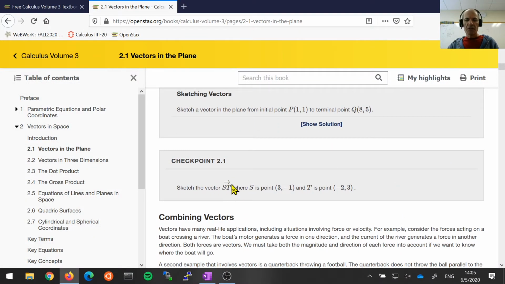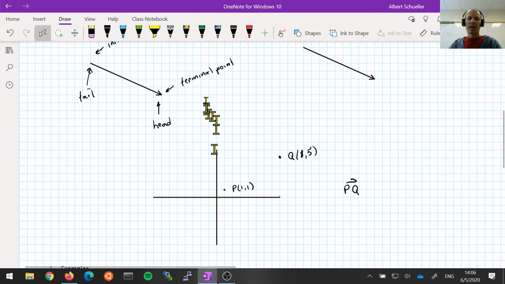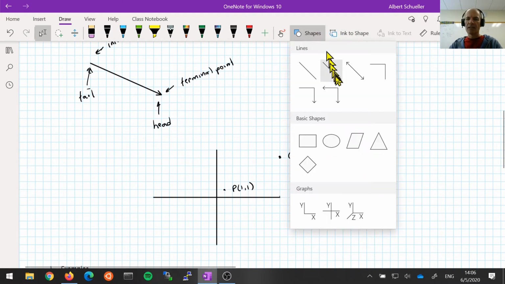Often you'll see this notation, ST with a bar on the top of it, and what this represents is the vector that goes from S to T. So here, the vector that goes from P to Q would be denoted PQ with an arrow on the top, and it would look like this.